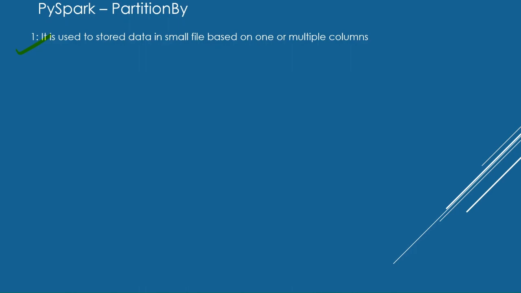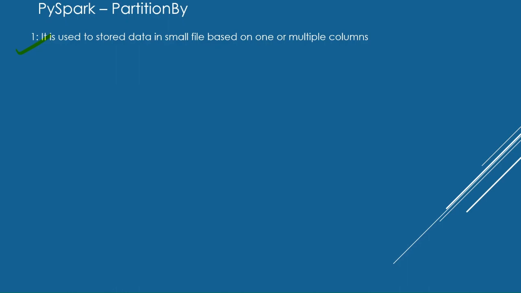But suppose you partition by the state column. Spark will store the files based on state. It will create a separate folder for each state, and it will put all the files which belong to that particular state in it.